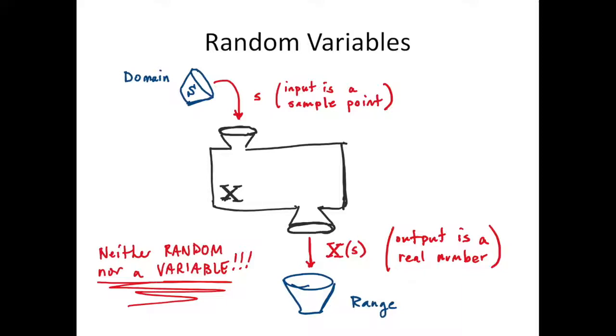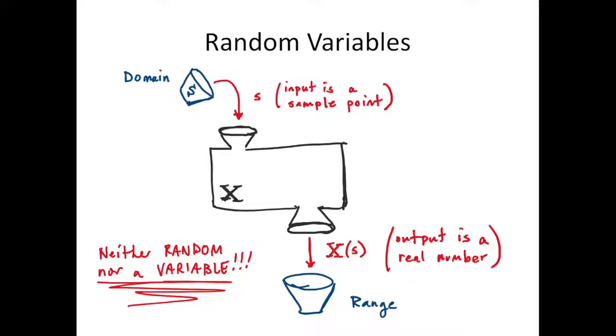Now, in algebra, we'd call that f of x or something like that, but here the input is s, my function name is uppercase x, so I use this weird notation, uppercase x of s. That's how that's read. Don't worry, we won't use this notation pretty much beyond this video, but to really emphasize the fact that these random variables are neither random nor a variable. It's really a function defined on the sample space that outputs real numbers.